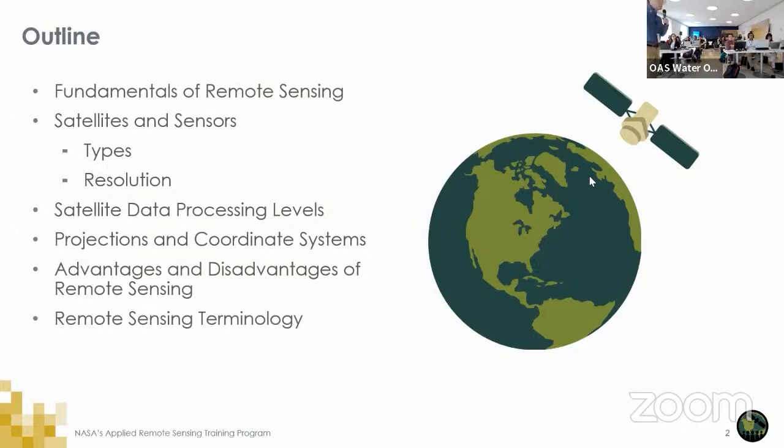And what I hope to discuss in this is, one, talk about satellites, sensors, some of the nuances that are involved with both of those terms, talk about some of the satellite data processing levels, which is really important because when NASA or when the Argentinian Space Agency sends up their satellites and they collect the data, they're not typically giving that information at the raw level.